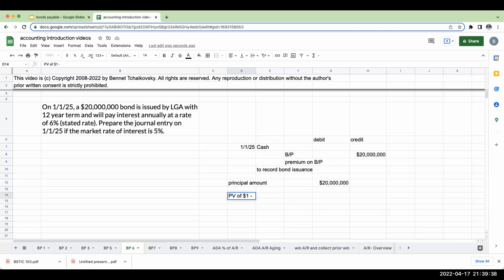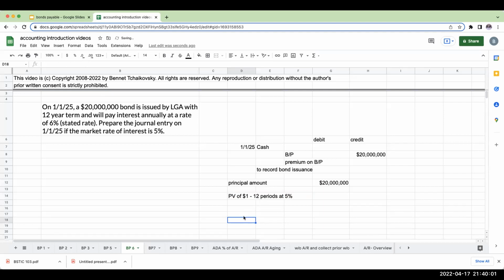This is going to be 12 periods, or the number of times interest is being paid. Interest is being paid annually, or once per year. So I'm going to say 12 periods at 5%. Why 5%? Because the market rate of interest is 5%.